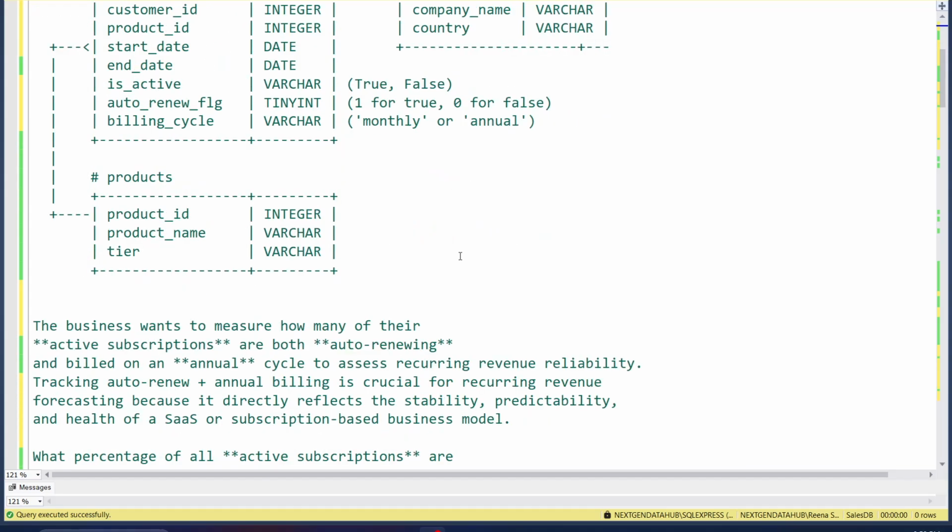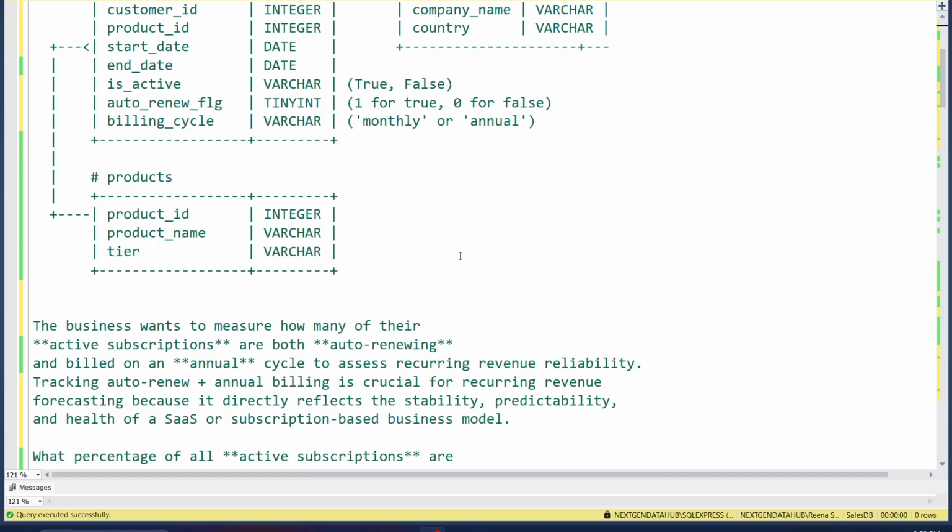Now, the problem statement will mention that the business wants to measure how many of their active subscriptions are both auto renewing and billed on an annual cycle to assess recurring revenue reliability. Tracking auto renew plus annual billing is crucial for recurring revenue forecasting, because it directly reflects the stability, predictability, and health of a SaaS or subscription based model.